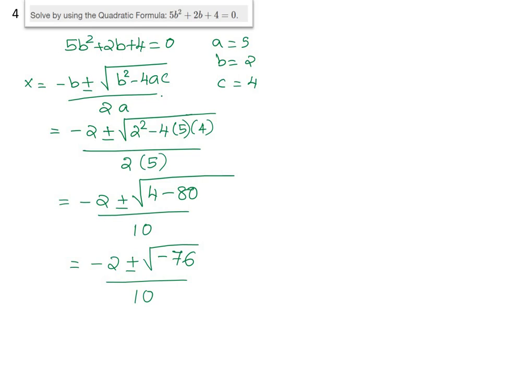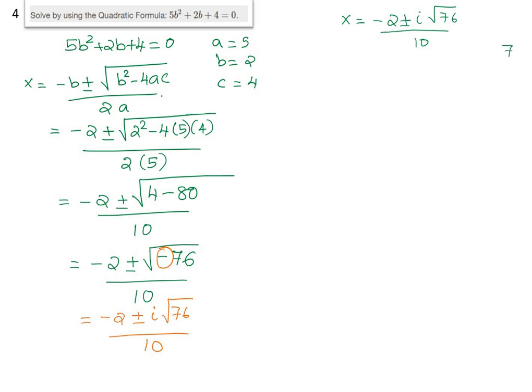So that negative gives you an imaginary number, because whenever we have a negative sign inside the radical, that will come out in the shape of i. So that will be of the form negative 2 plus or minus i root of 76 over 10, right? So x is equal to negative 2 plus or minus i root 76 divided by 10.